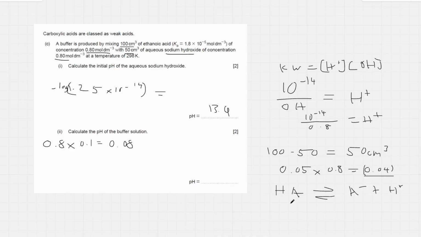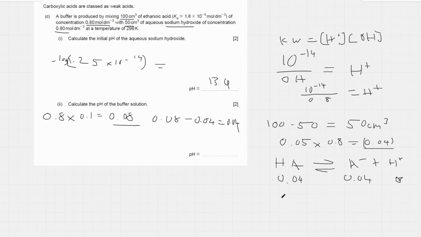So if we look at this calculation here, HA, the acid, will be left with half of this, so it's 0.08 minus 0.04, which is just 0.04. So we know these are both 0.04.